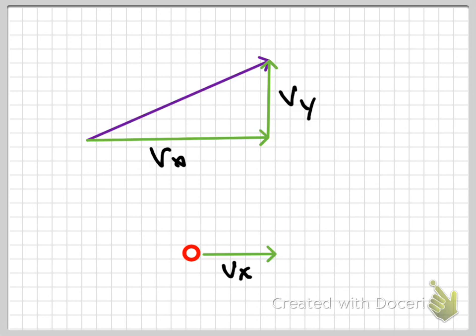We launched it to the right and gave it that amount of horizontal velocity. And say we gave it this amount of vertical velocity. So this is your x component of velocity, this is your y component of velocity.